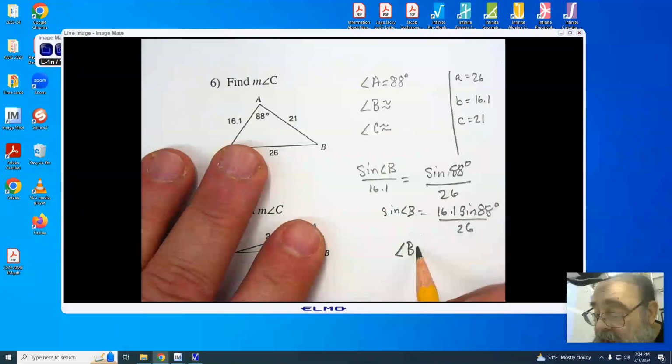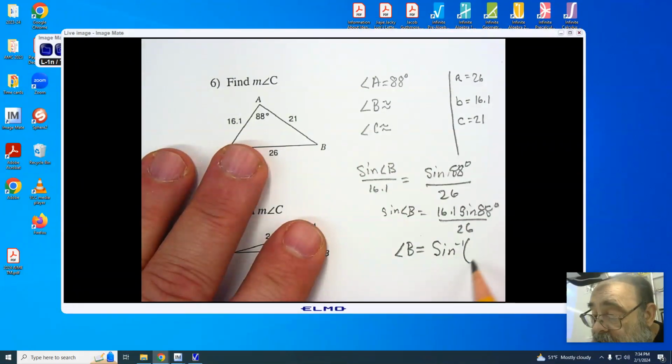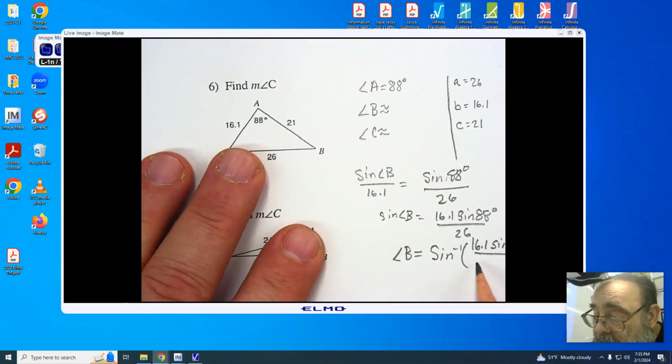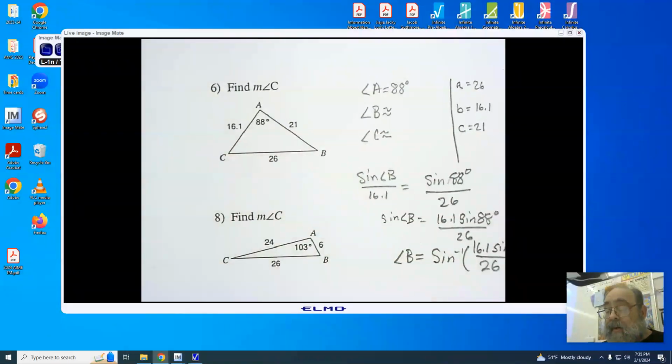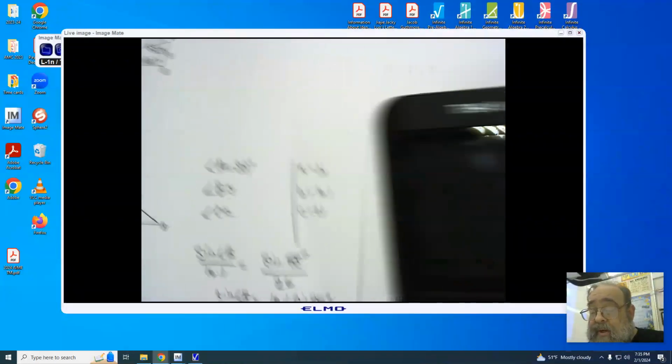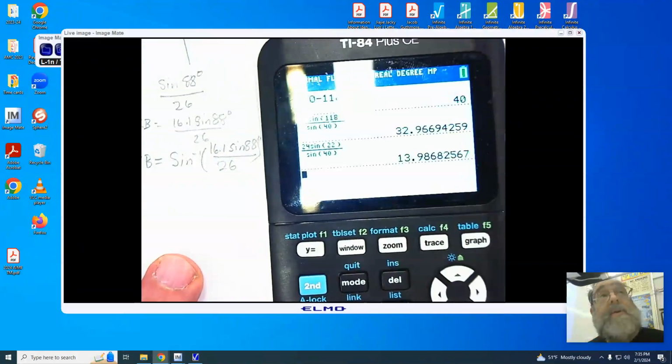So angle B is the arc sine of 16.1 sine of 88, and that's in degrees, divided by 26. And we need to put this directly into our calculator exactly as we see it. So here we go. Start off.